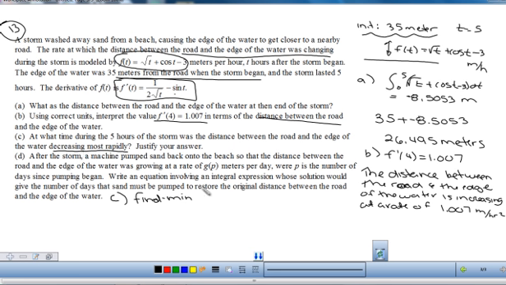So we need to find the derivative of f, which we have, f prime, and set that equal to 0. So x turns out to be 2.840. And if you graph this on your calculator, you'll see that it's going from negative to positive, so that would be a minimum.